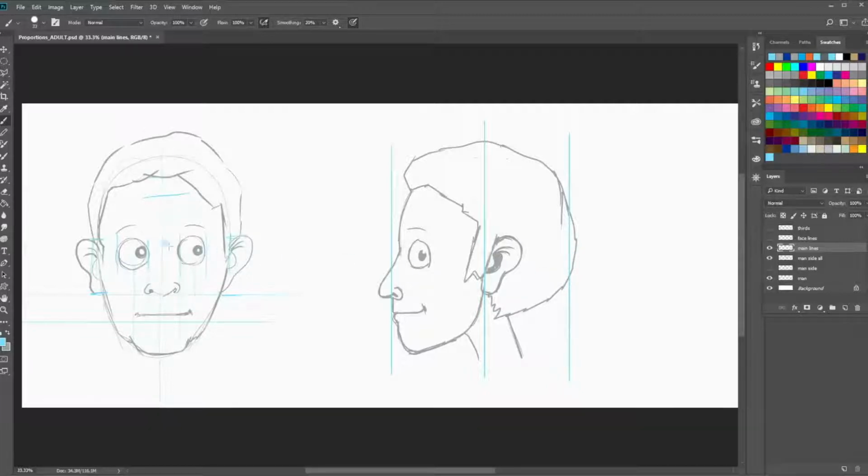We're also going to look at the lines that we had before for the top and the bottom of the face and the halfway line. Okay, so you see the two halves vertically, and also we've got two halves going on horizontally too.